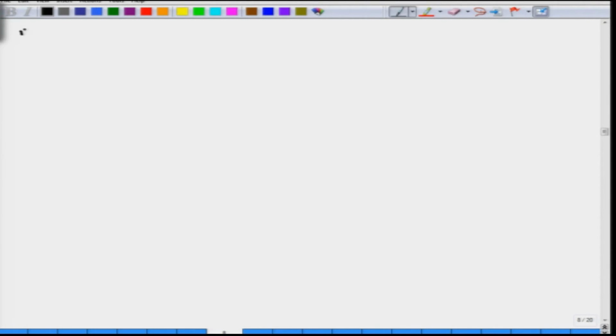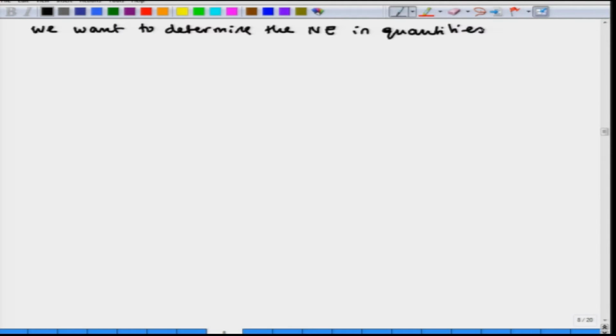So, the first case is the following. So, we want to determine the Nash equilibrium in quantities in stage 2, and there are three possibilities.